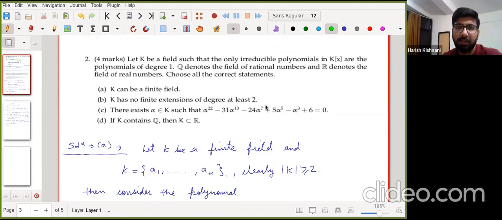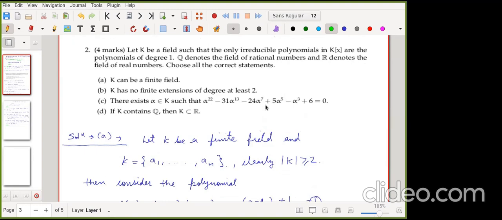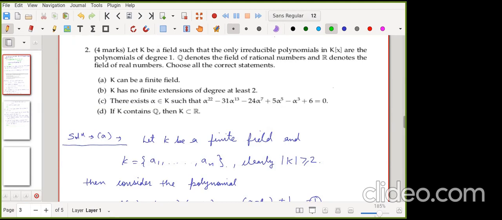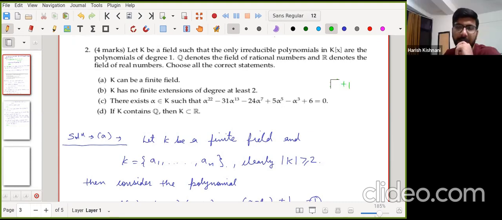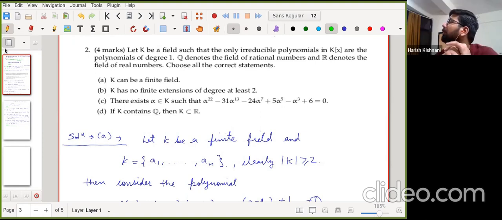But it might happen that it is a product of irreducible polynomials, like over R. Alpha in K is not a root of the degree 22 equation over K. So the only thing I'm worried about is what if it's a product of irreducible polynomials.